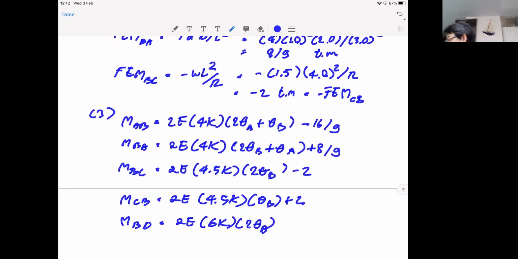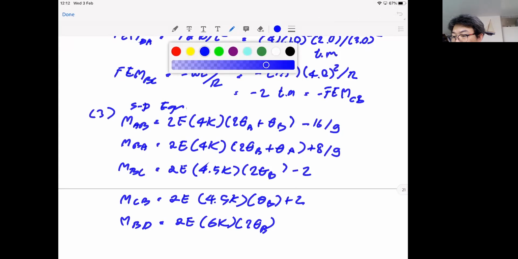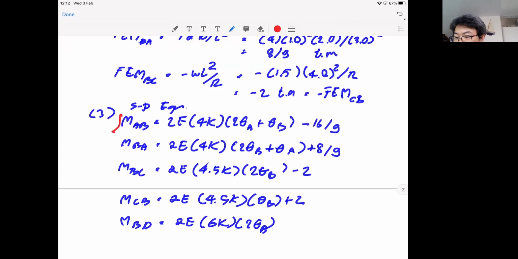No fixed moment. Okay. Now, I forgot to write that this is the slope deflection equation. Now, if you are lazy, you can, of course, take care of this.